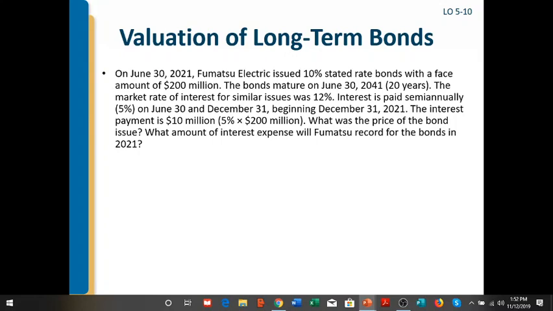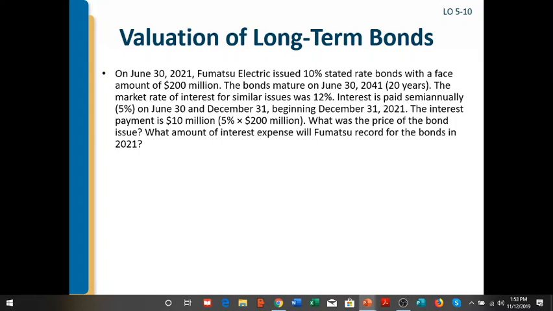With long-term bonds, if you recall from your principles days, you have interest payments twice a year, semi-annually, of a certain percentage, and the face value of the bond is paid at the maturity date.